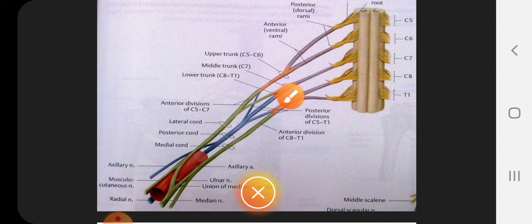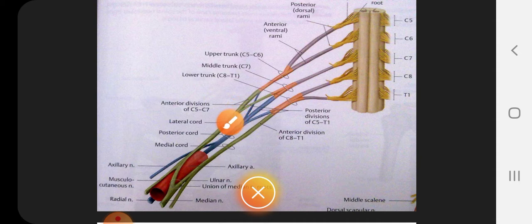Next we'll see the divisions of the trunks. Each trunk, that is upper, middle and lower trunk, divides into ventral and dorsal divisions, or anterior and posterior divisions. These divisions join together to form what are called the cords. You have three cords: the lateral cord, the posterior cord, and the medial cord. The lateral cord is formed by the union of the ventral divisions of the upper and middle trunk.